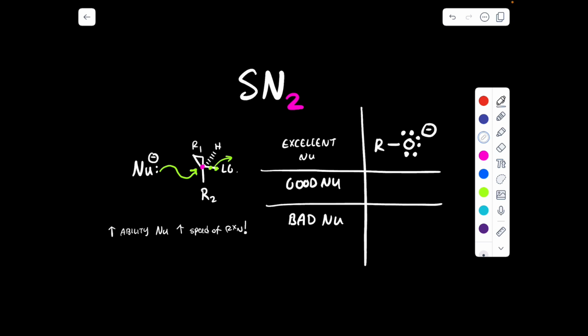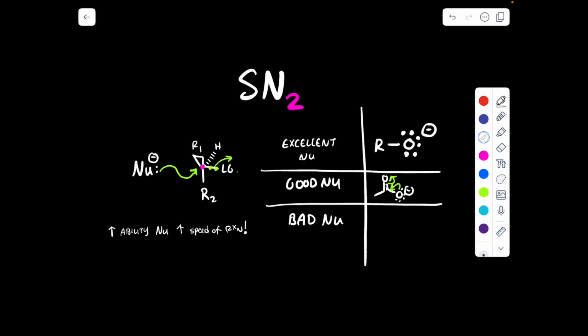So here, an excellent nucleophile would be something like a methoxy group where the oxygen is deprotonated. A good nucleophile would be some atom with a negative charge, but this negative charge is not as reactive as an excellent nucleophile. Here, this negative charge can be resonance stabilized. Therefore, you can think of this as part of the time this oxygen doesn't even have that negative charge. So half the time it doesn't want to be a nucleophile, and half the time it does.